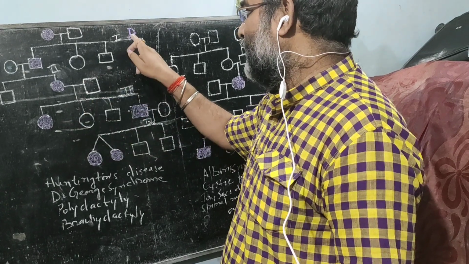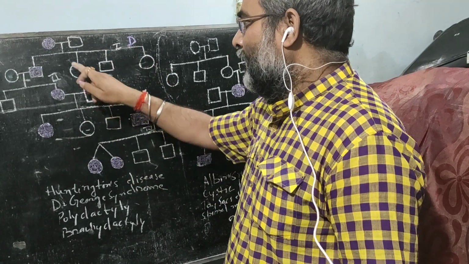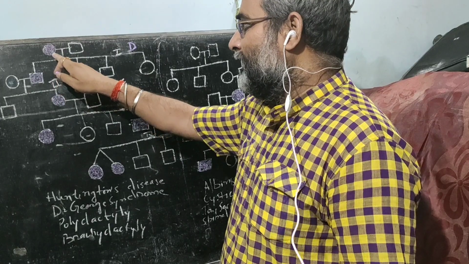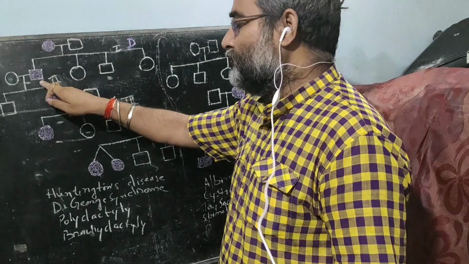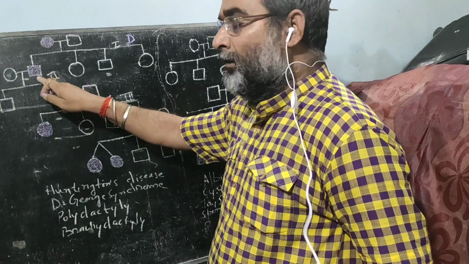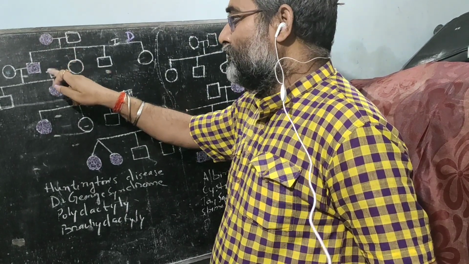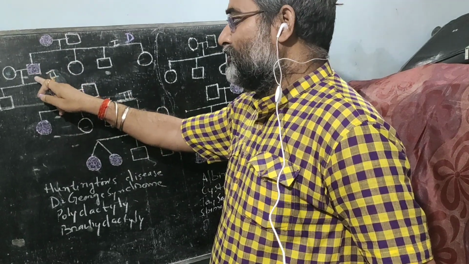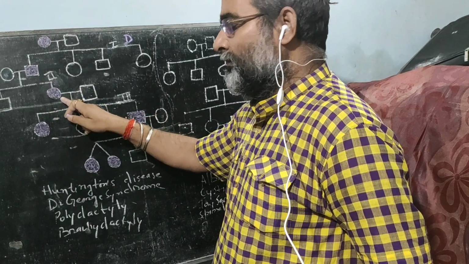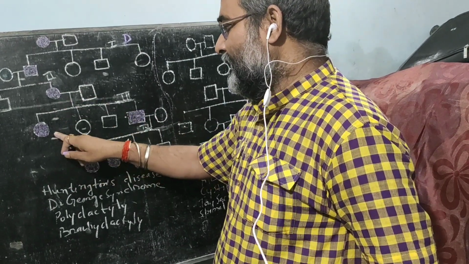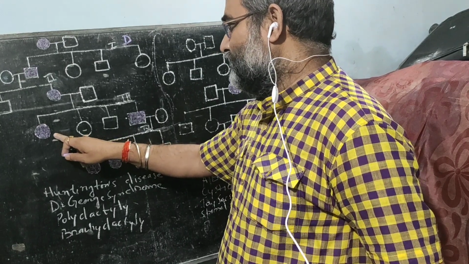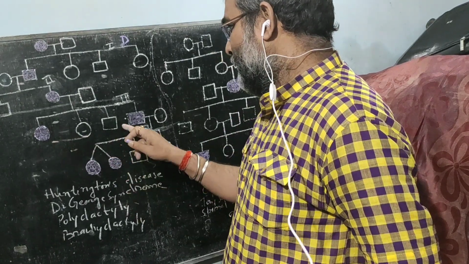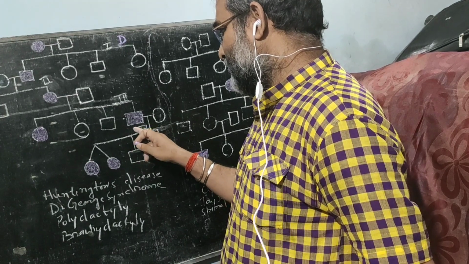That means if the trait is dominant, and now from here the male is affected, it may come either from the autosome or from the X chromosome, because in a male both the autosome and the X chromosome come from the mother. Here the X chromosome comes from the mother.